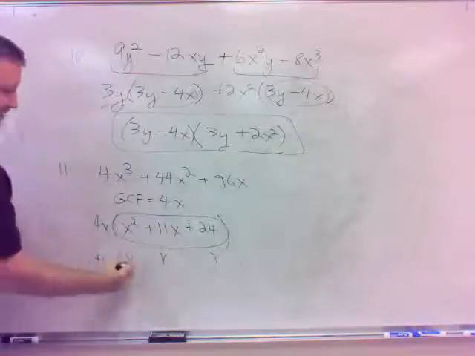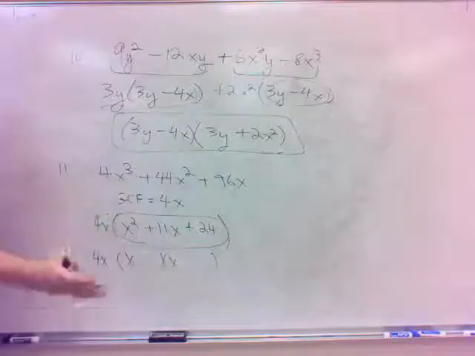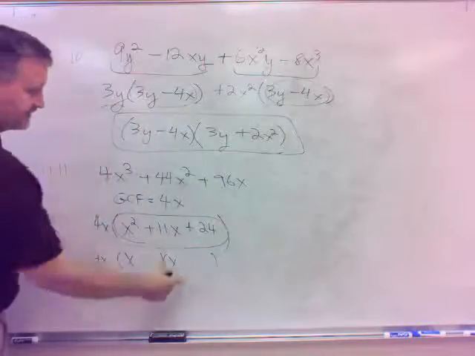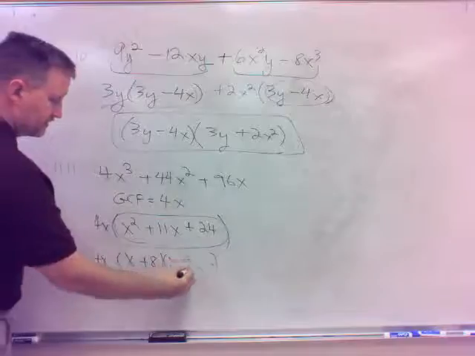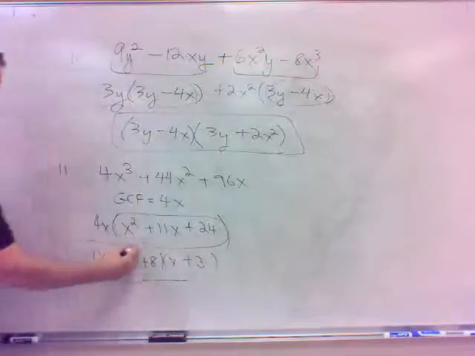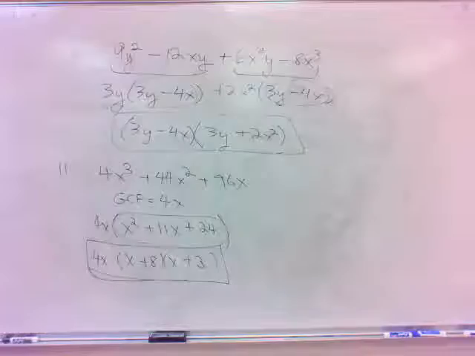Got x squared, so we've got x and x. 24, 6 and 4, 8 and 3. How about 8 and 3? Yeah, 8 and 3. 8 plus 3 gives me 11, so good to go. All right. That's what I would do for number 11.